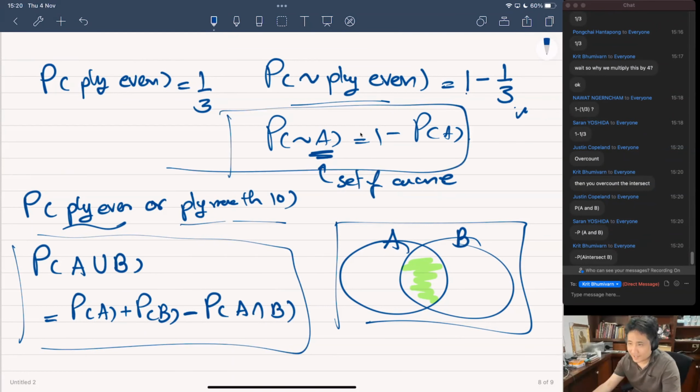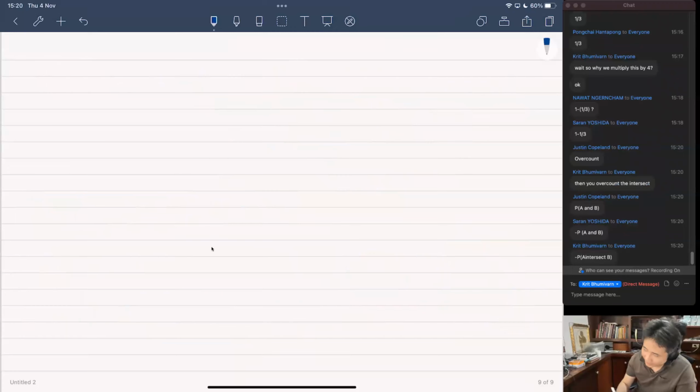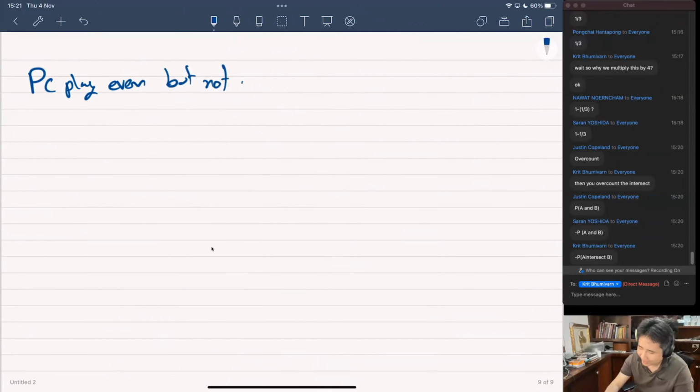And what else do I have? There is also another one, which is the probability that I play even, but not more than 10.